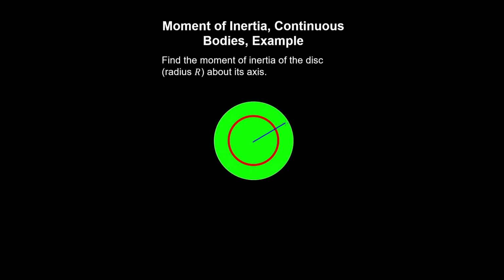Let's find the moment of inertia of this disk, which has a radius r about its axis, which is perpendicular to the plane. So using the definition of the moment of inertia, where we break up this disk into infinitely thin rings.